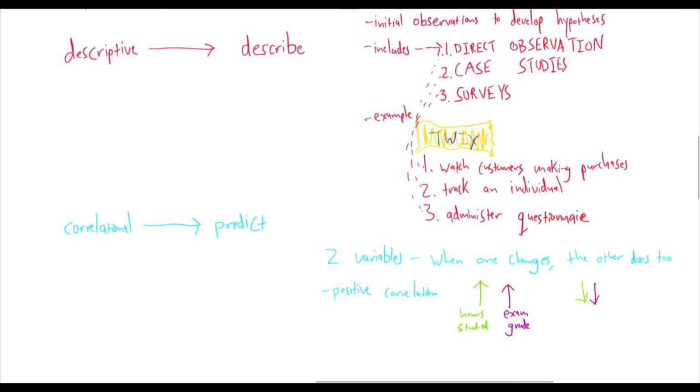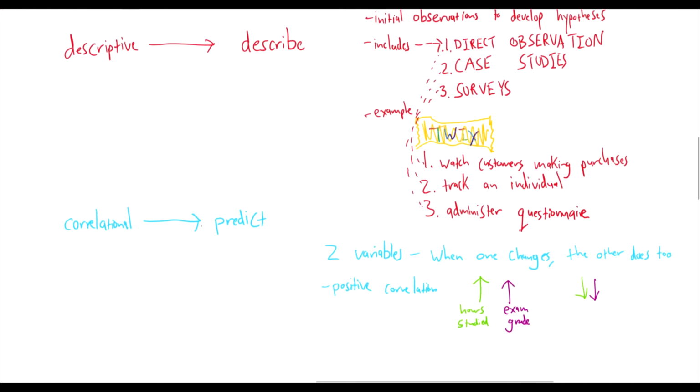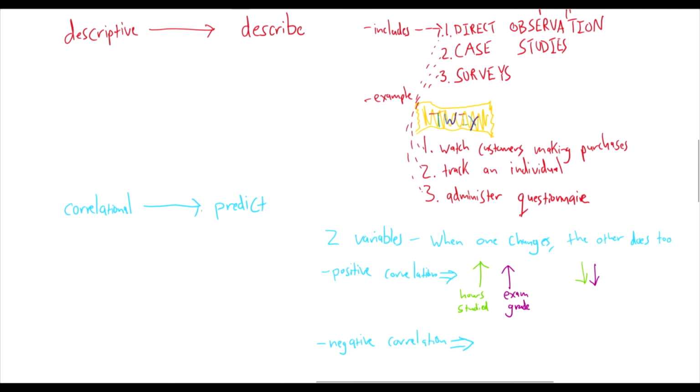Even though both are decreasing, we still call this a positive correlation. Positive just means that the two variables are moving in the same direction. But we call the correlation negative when the variables change in opposite directions. So when the outdoor temperature decreases, it gets colder outside, our heating bills tend to increase. So when one goes down, the other goes up.